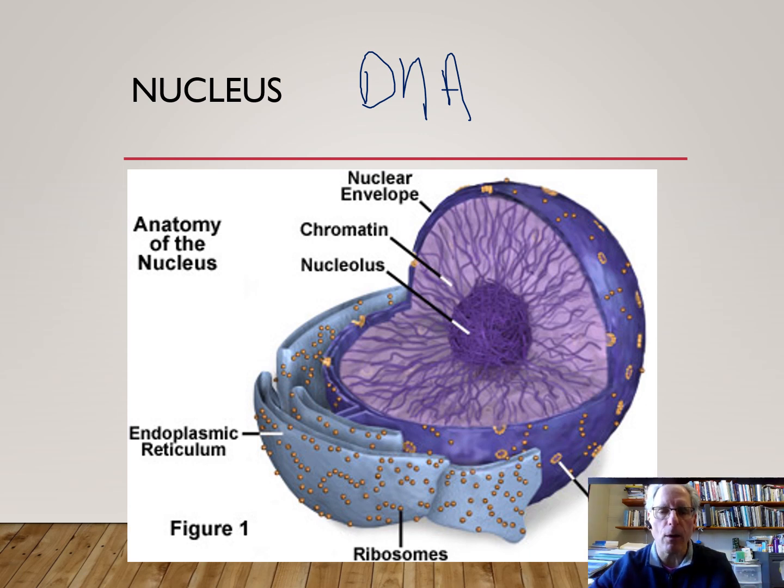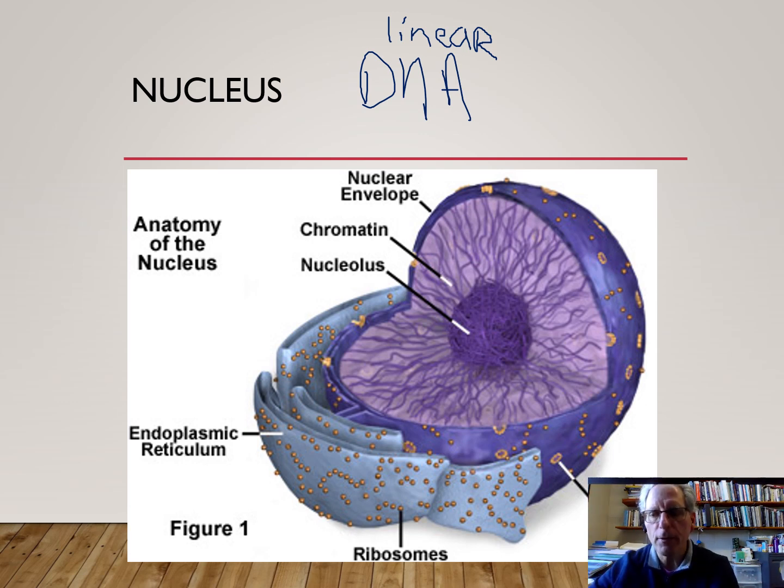Chromosomes in our cells are linear DNA molecules. In mitochondria and in bacteria, those DNA molecules are circular. In our cells, our chromosomes are linear DNA molecules.